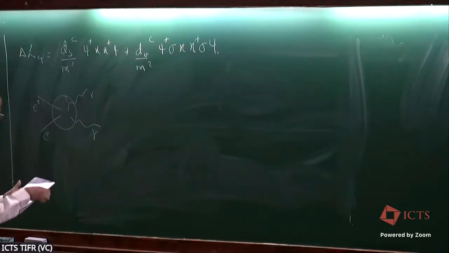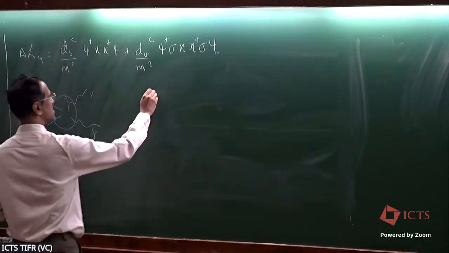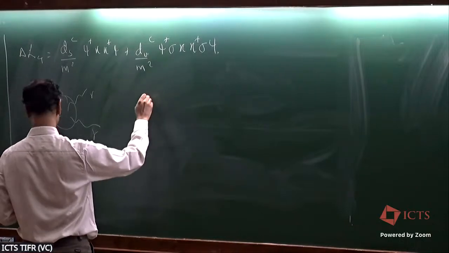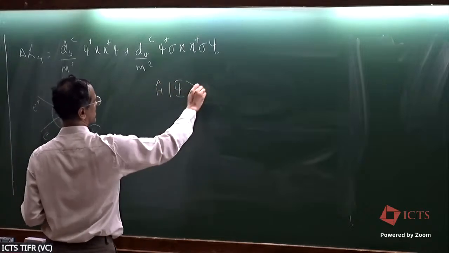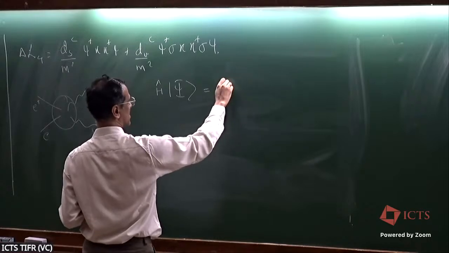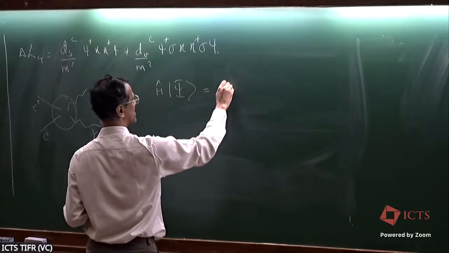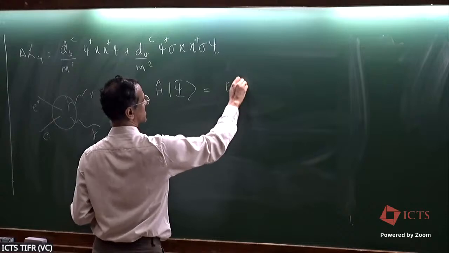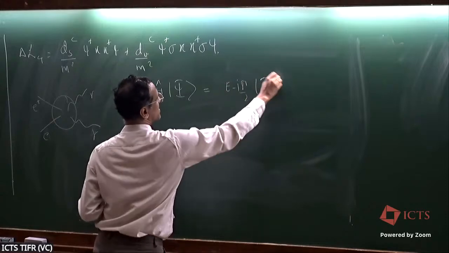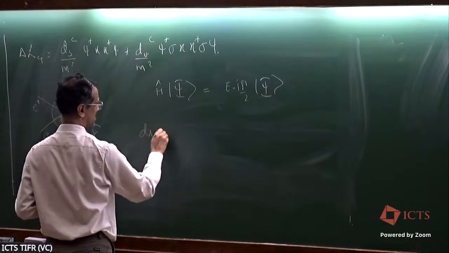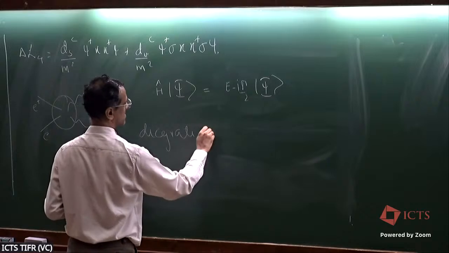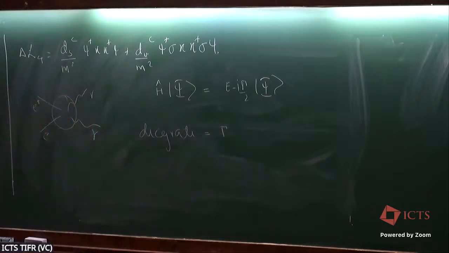Okay, the idea is pretty simple. If my Hamiltonian has some imaginary part, then that means the decay rate is given by the following.